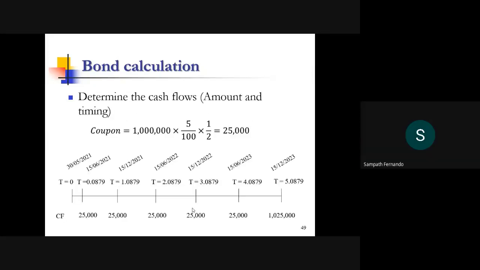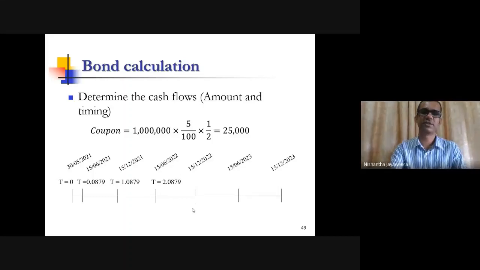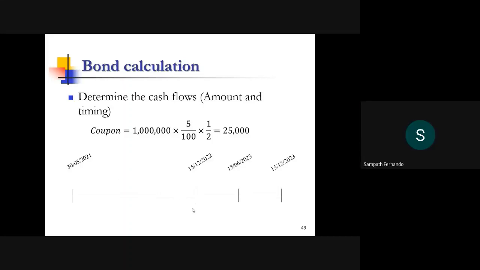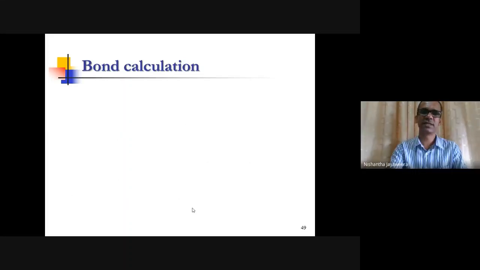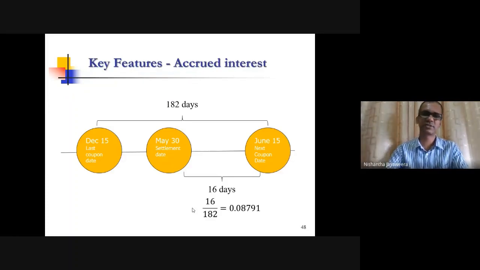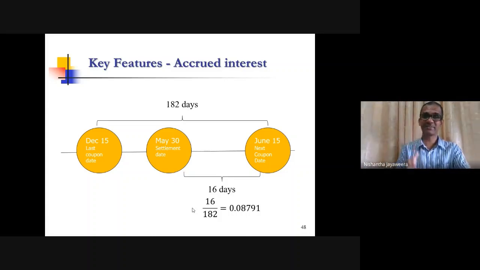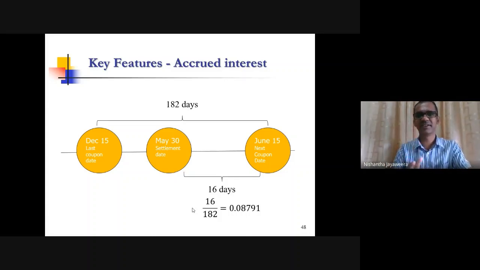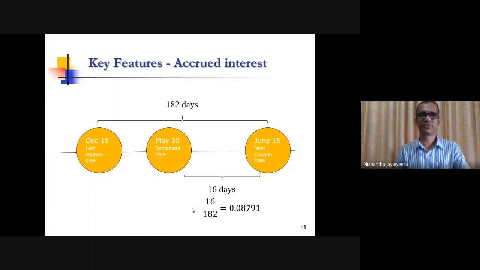Whether it's February, how do you get it? That depends on the day count basis. If it is actual, you just count up to 28. If that particular year there are only 28 days, then you calculate up to 28. If there are 29 days, you calculate up to 29.